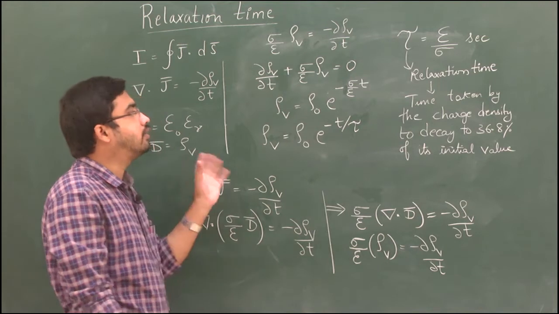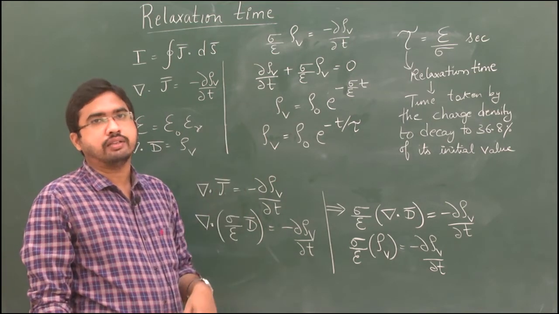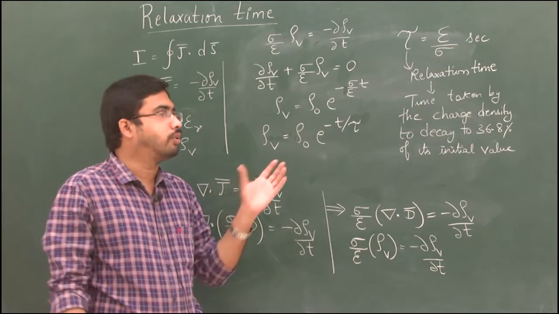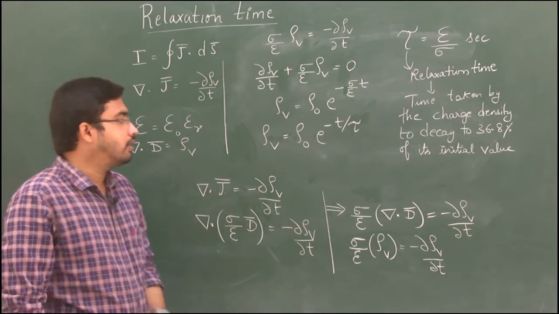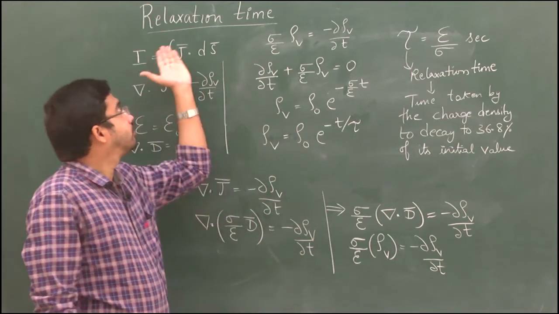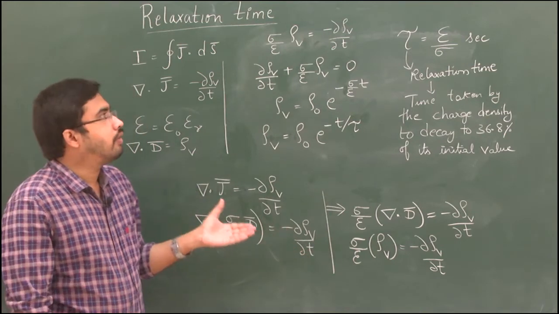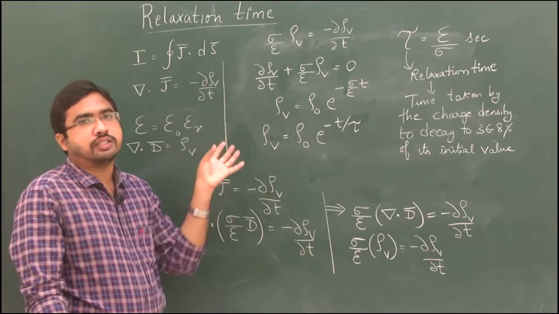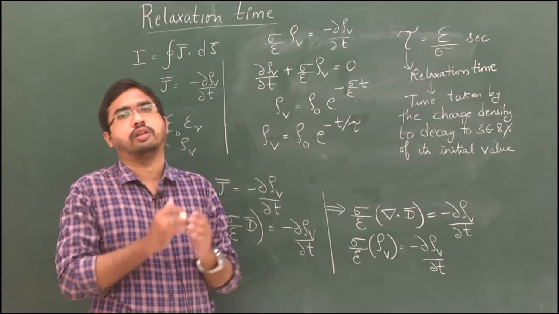Based on this we should do some problems. First we will move to dielectrics, and after that we will solve problems on the combination of conductors and dielectrics. So this is about the concept of relaxation time of conductors. Until now, the derivations and concepts we have seen are all related to conductors only.